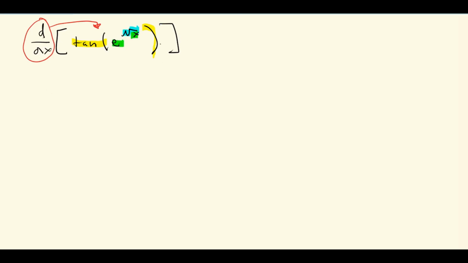So using the chain rule, the derivative is going to equal, we're going to work our way from outside to inside. We're going to essentially unpeel the layers. So the derivative of tangent is secant squared. So we get secant squared. We keep the inside the same, so we get e to the square root of x.